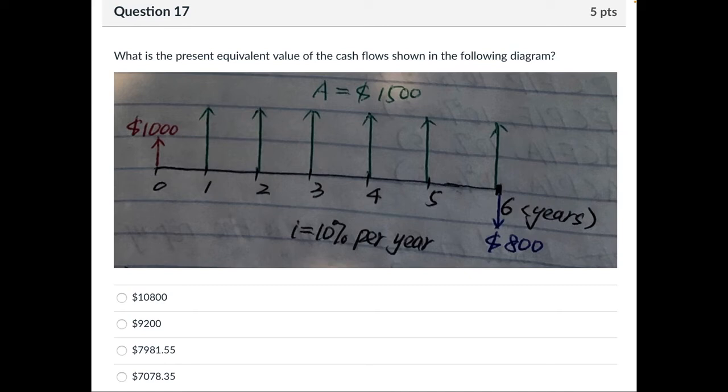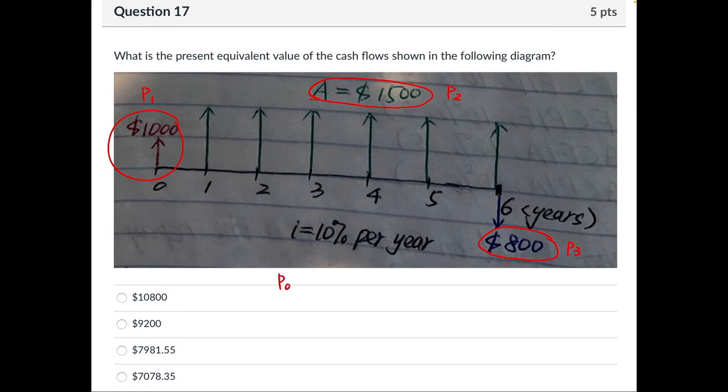Okay, so this is your part 1, and the annuities is your part 2, and this future value is the part 3. So you have 3 parts to convert back to the present value.